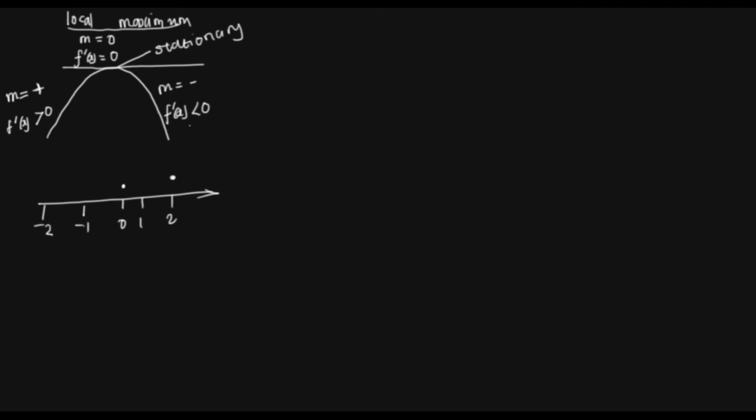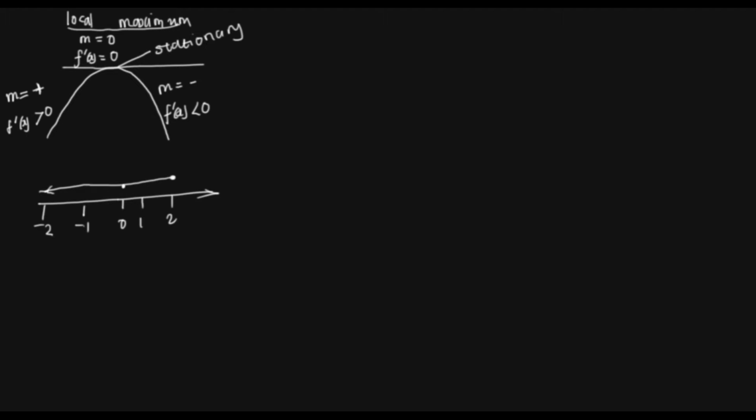Then if we continue moving, we are going to have this point to the right side of the stationary point, where we can assume that the gradient is equal to -2. So for a local maximum, we are coming from a greater number going toward a smaller number. So here we are saying that there is a decrease.